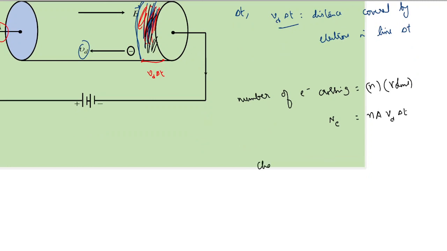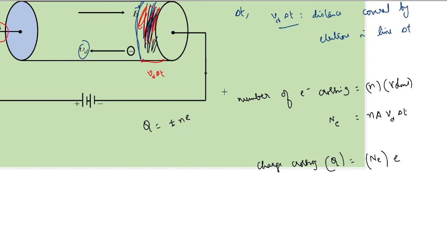Then find the charge crossing, which I call capital Q. This charge crossing the given region in time delta t would be the number into charge. So it will be the number of electrons crossing into the charge of each electron, because we learned in the first chapter that Q is equal to plus or minus n into e, where n stands for the number of charge carriers.